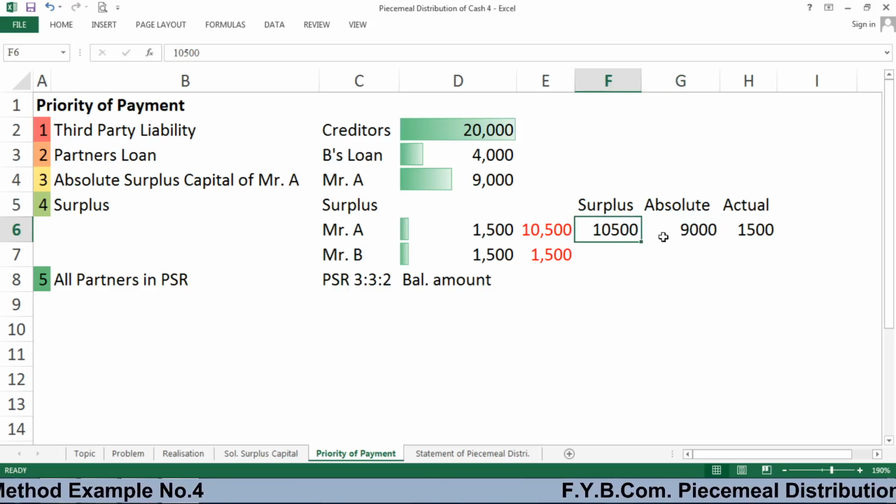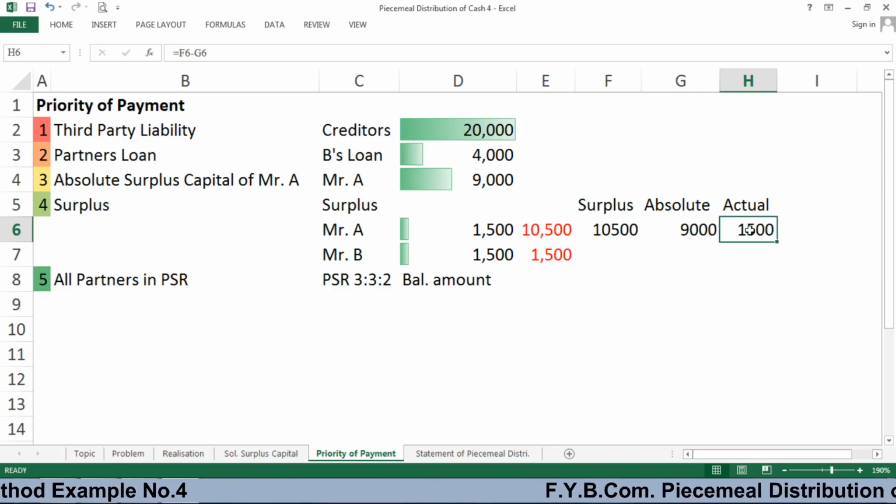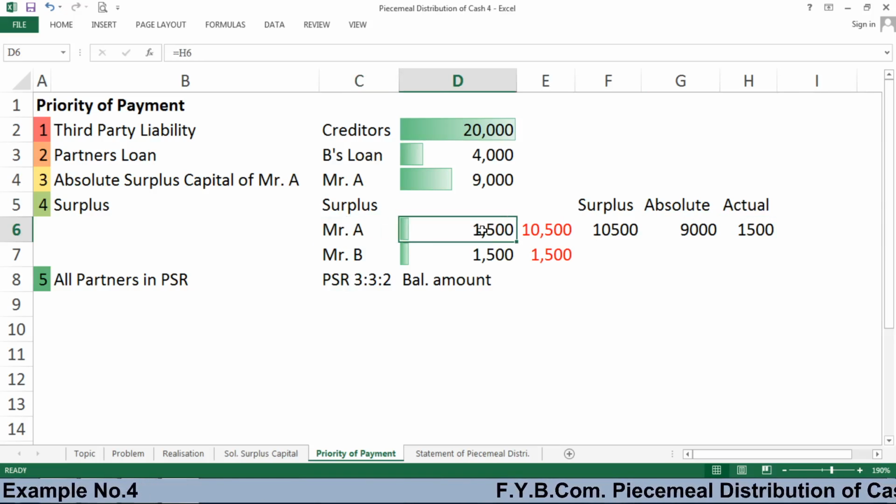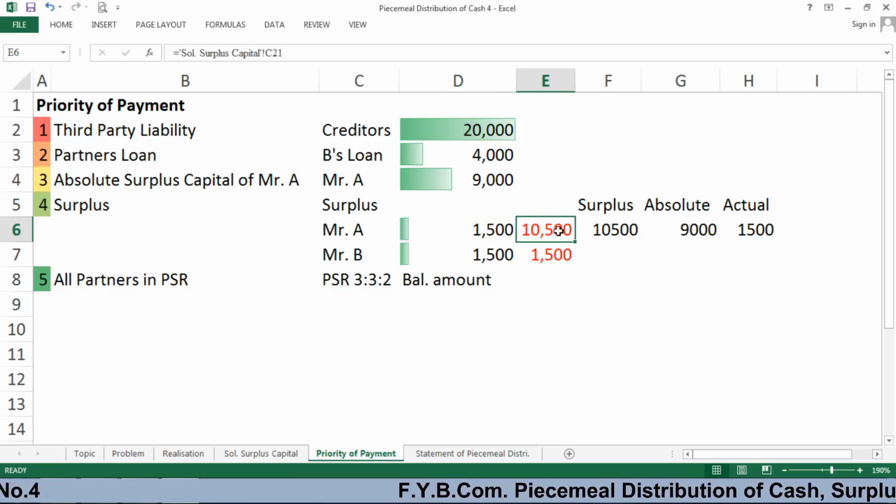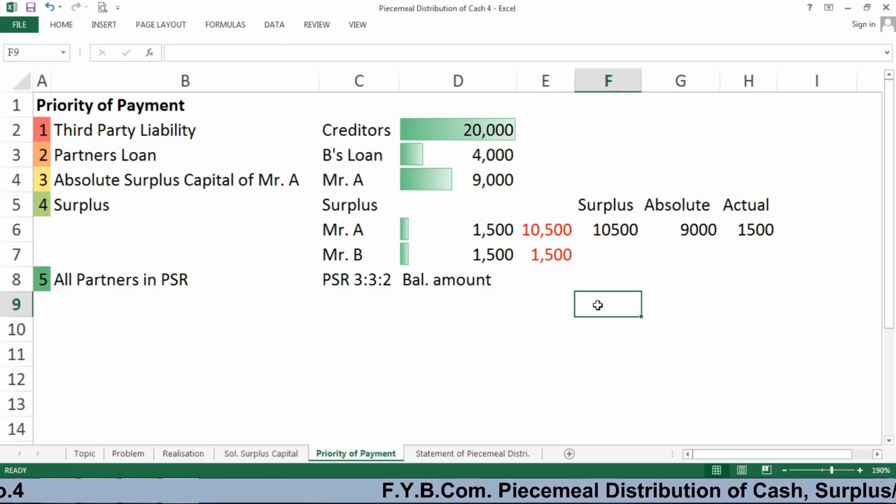So 10,500 minus 9,000, the balance is 1,500. So in this stage we are going to pay Mr. A 1,500 only, and Mr. B 1,500. Why here are we going to pay 1,500 only? Because in the earlier step he already received 9,000. That means 9,000 plus 1,500, he will receive 10,500 in this stage.